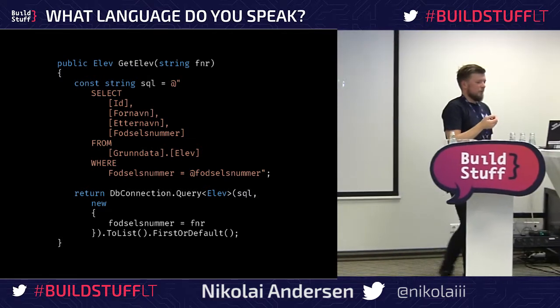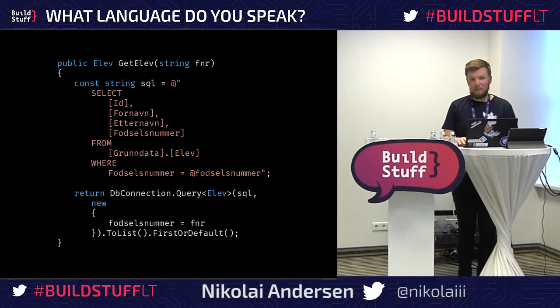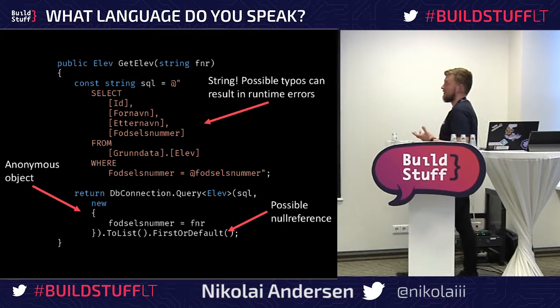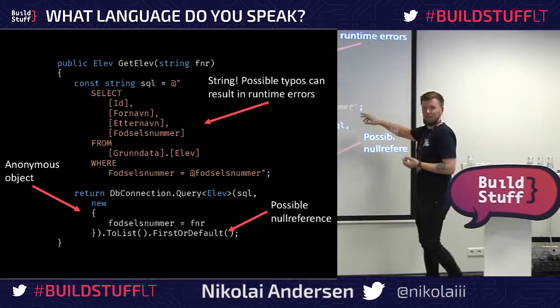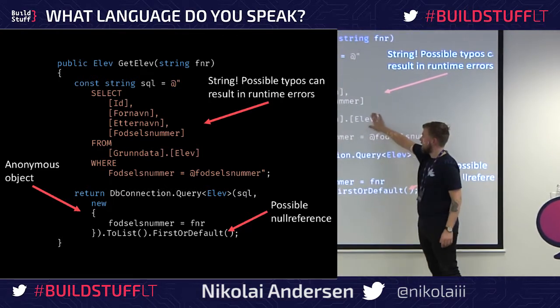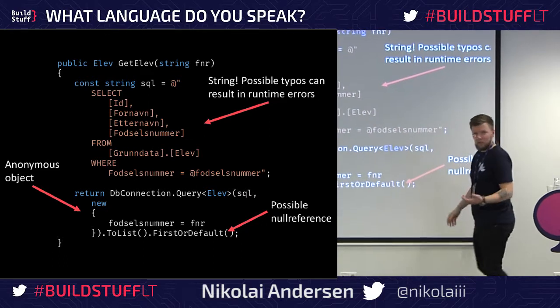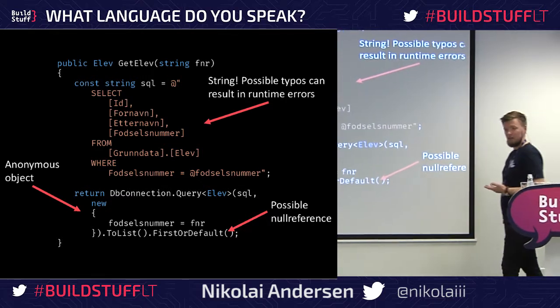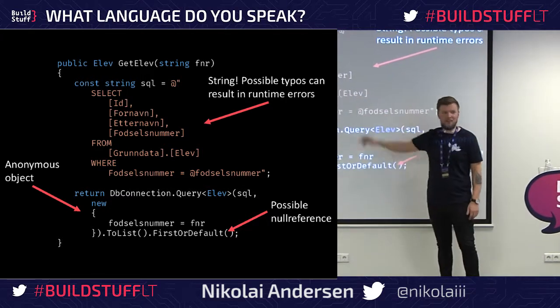But what we discovered with Dapper is that we have to write a lot of tests, because this is just a string, and if I have a typo here, it won't be caught when I compile, and I won't catch that until we run it.